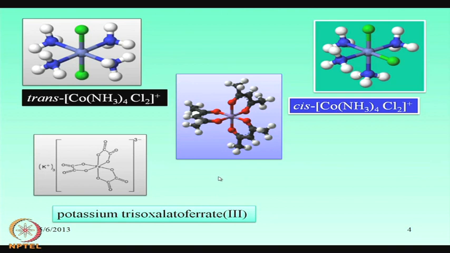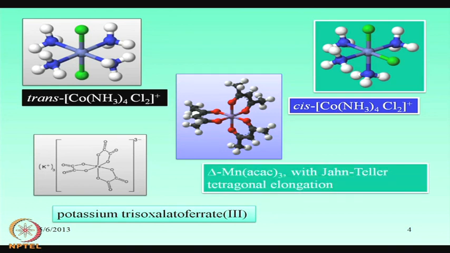So, this is the situation in one more case where we have the acetyl acetone group. Just now we have seen it in case of vanadium also, and this delta nomenclature we will shortly discuss, about what is the meaning of this delta nomenclature.